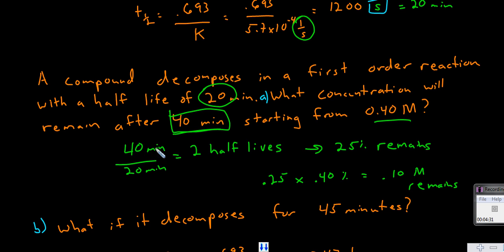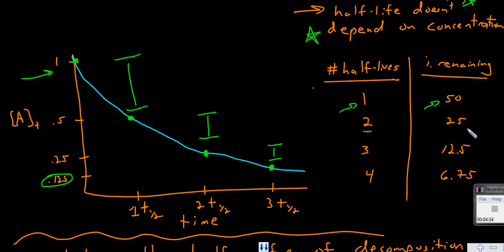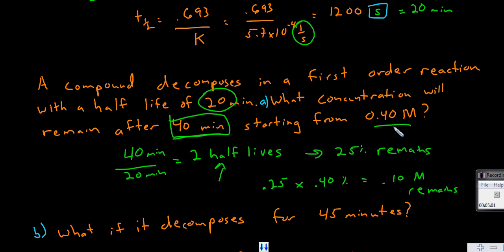So divide the total amount of time by the half-life, and that tells you the number of half-lives that the reaction has proceeded. If it's proceeded for 2 half-lives, you know that 25% of your compound remains. So 25% of that 0.40 molar, 0.25 times 0.40 molar, is going to be 0.10 molar remains.